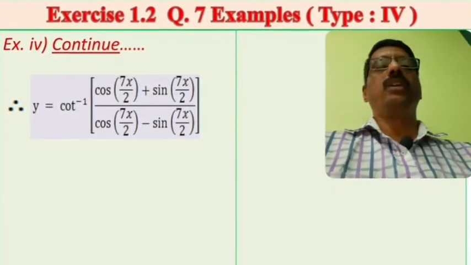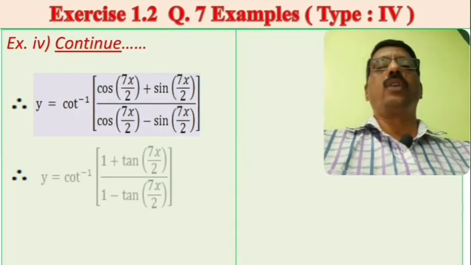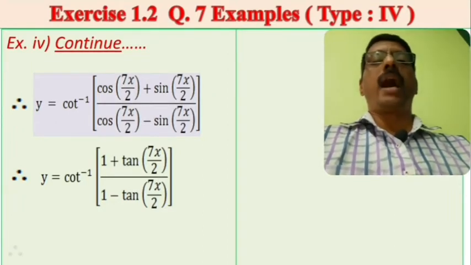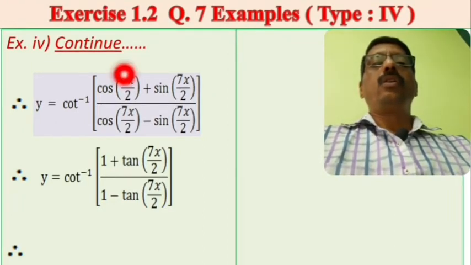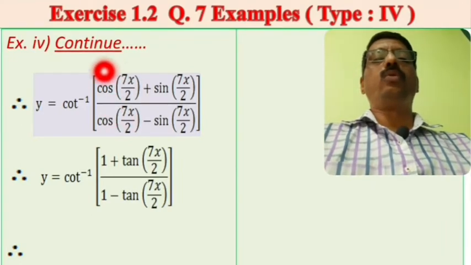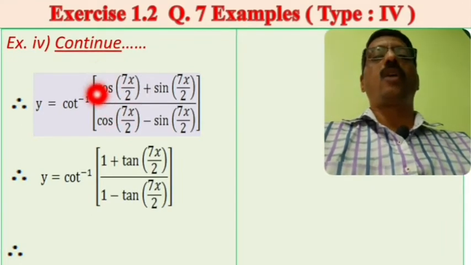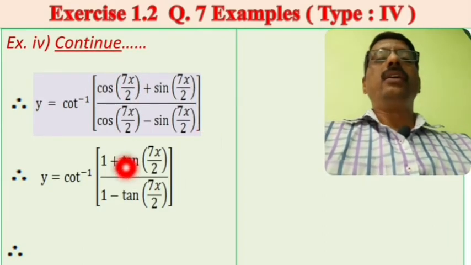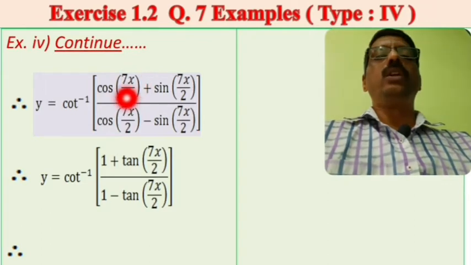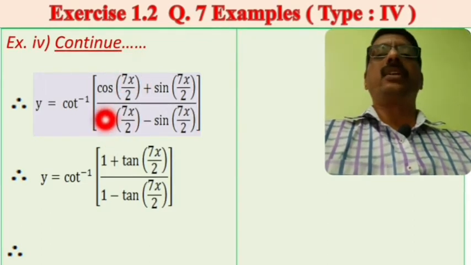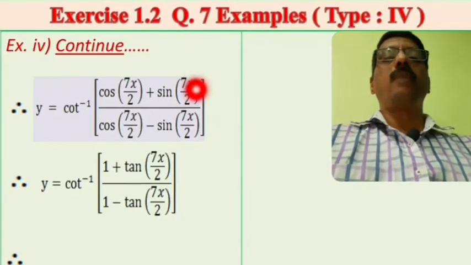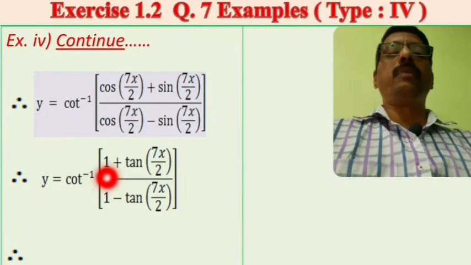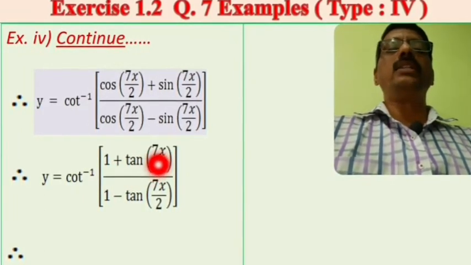Example number 4 continues. That is our last step of the given. The next step becomes y equal to cot inverse of, again we have to divide numerator and denominator by cos of 7x/2. In the numerator, cos 7x/2 divided by cos 7x/2 cancels, and sin theta upon cos theta is tan theta, so that term becomes 1 plus tan of 7x/2, that is our numerator.